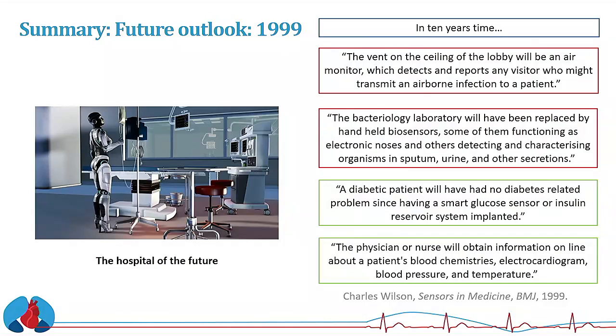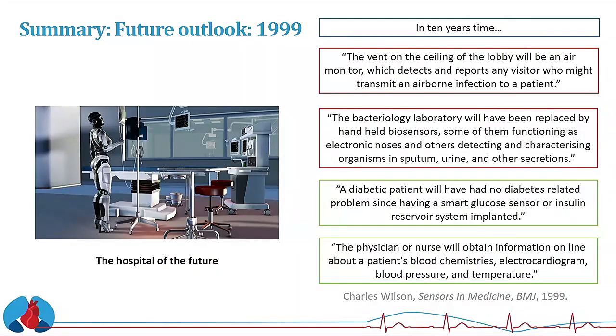So the bacteriology lab will be replaced by handheld biosensors functioning as electronic noses and characterizing organisms in urine and other bodily secretions. So I don't think we quite have that there yet. A diabetic patient will have no diabetes-related problem, seeing as a smart glucose sensor or insulin reservoir will be planted. Well, they got that right, but to be fair, they only looked ahead 4 years in the future for that one, so give or take.